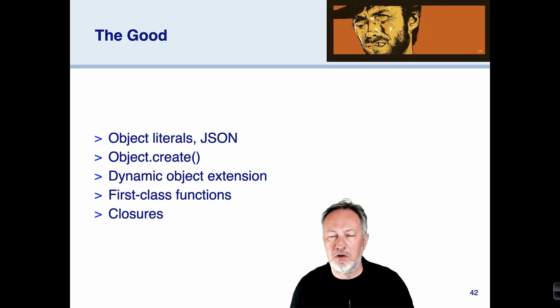So here you're cloning objects to create a chain of prototypes, exploiting delegation to share behavior. You can also dynamically update objects to add new features or remove features, and this can be very powerful. The fact that we have first-class functions and that functions are lexically scoped and that we can return functions within functions which are closures is also very powerful and gives us a nice encapsulation mechanism.